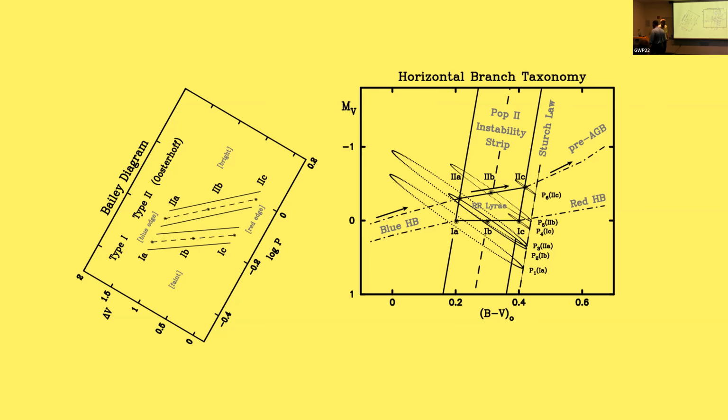I'm just curious because this sets up Sturch's law as a fundamental anchor, and I have no quibble with that, except that as far as I know, it's a completely empirical rule. Has there ever been a physical explanation for why this should be? I'm fishing here. I'm not going to push back, but we've been hearing that minimum has all sorts of curious low dispersion aspects to it earlier today.